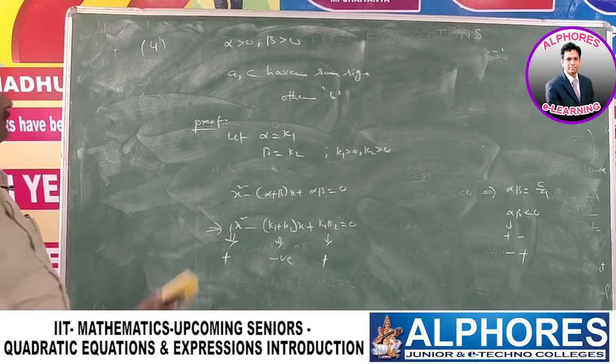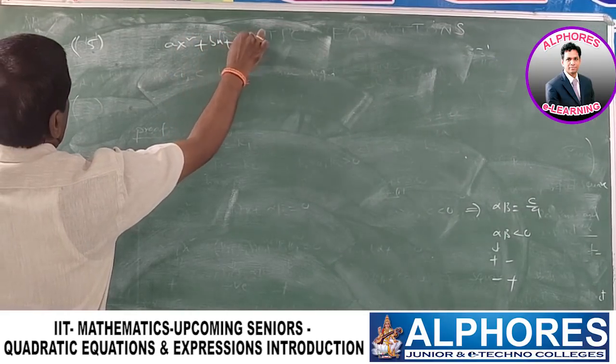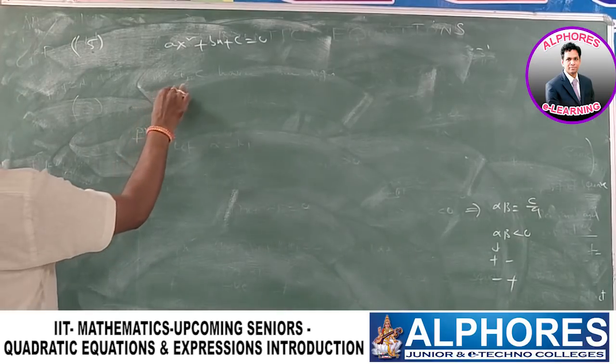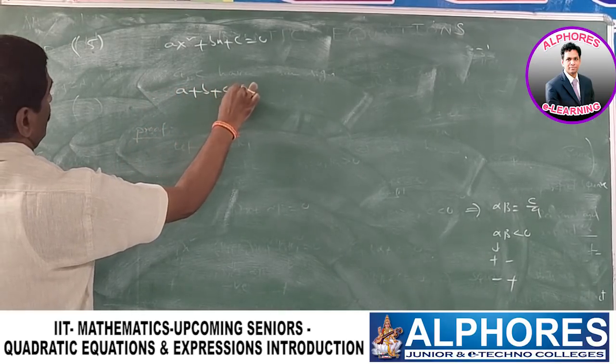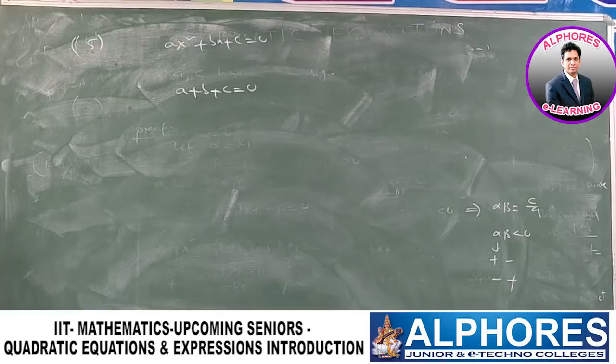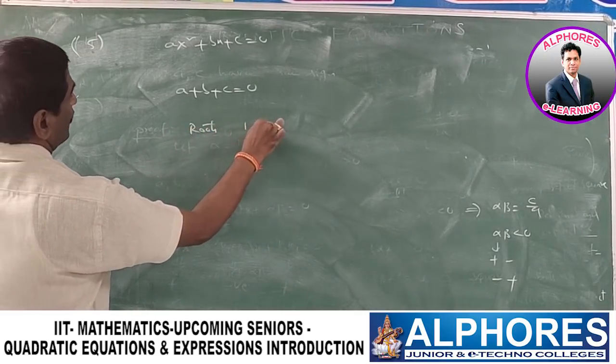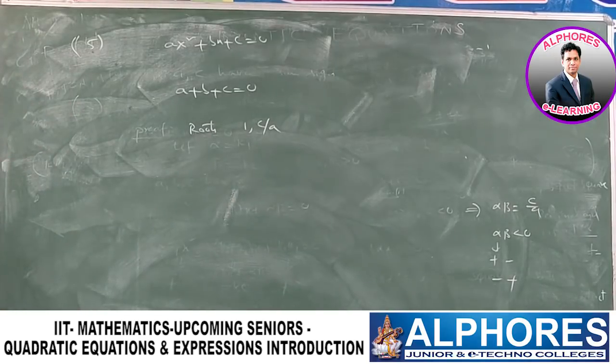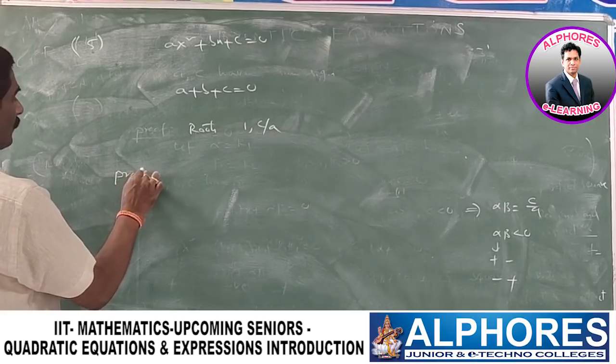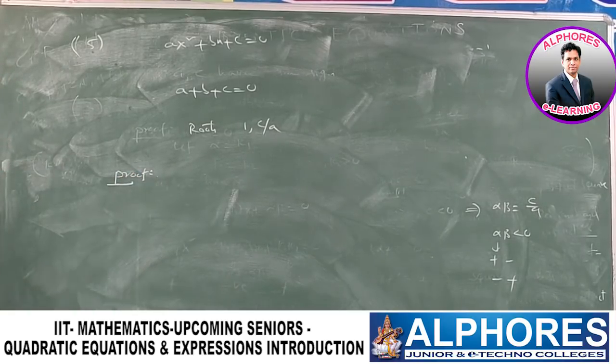Next, quadratic equation ax square plus bx plus c is equal to 0. If a plus b plus c is equal to 0, that means the sum of the coefficients is equal to 0, then the roots are 1, c by a. It can be proved in the following way.